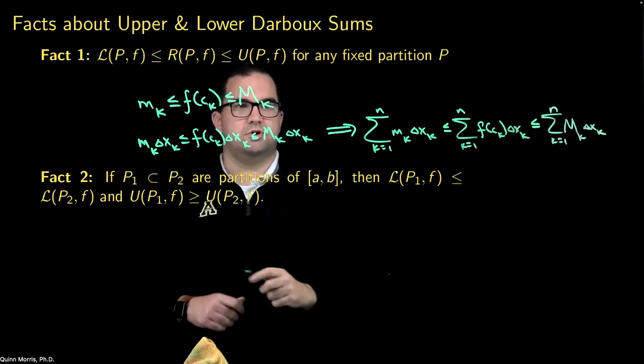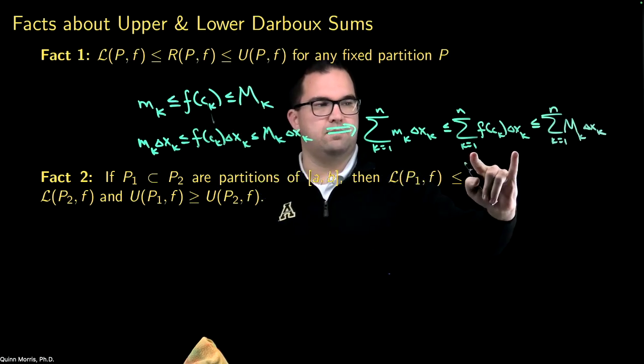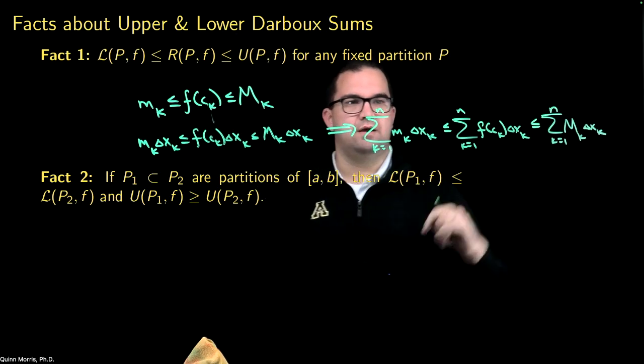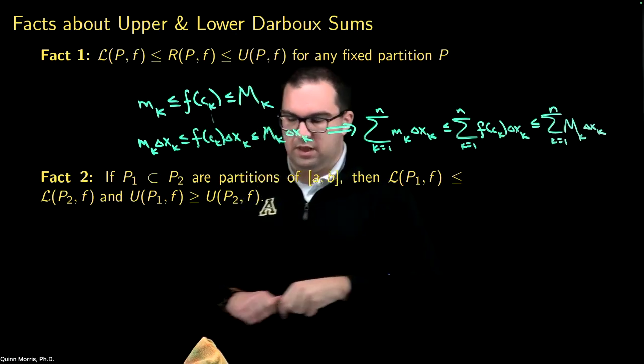And of course, these things are then precisely the lower Darboux sum, the Riemann sum, and the upper Darboux sum. So we get this nice ordering.